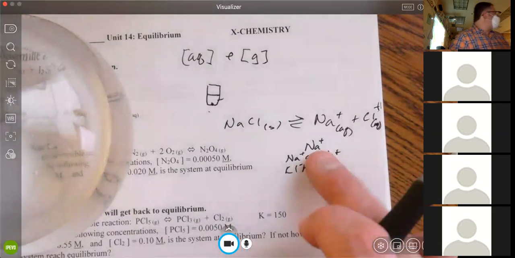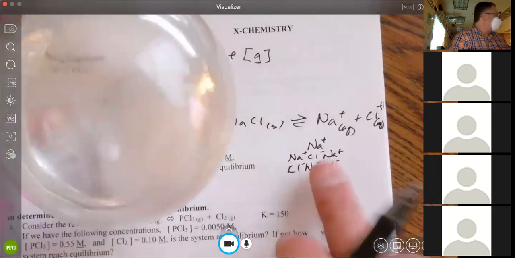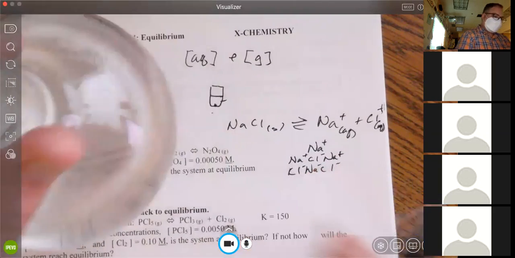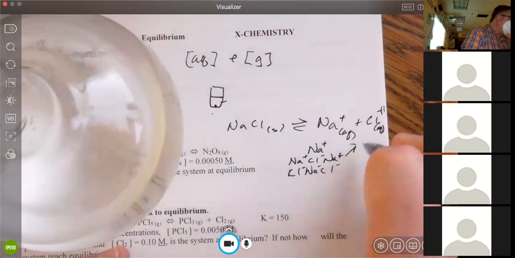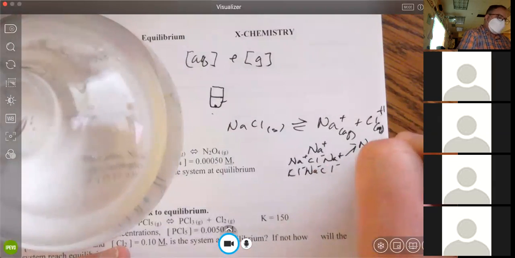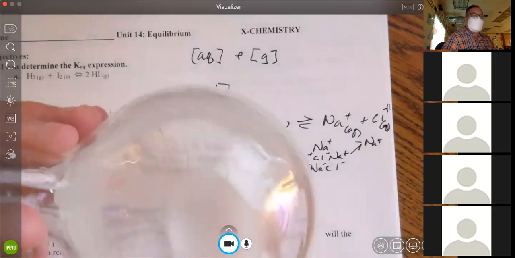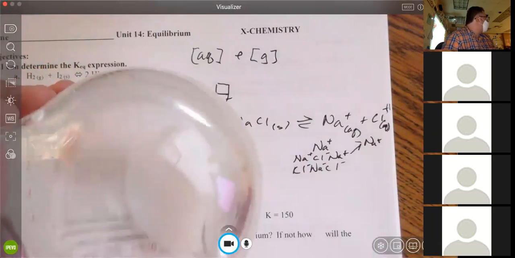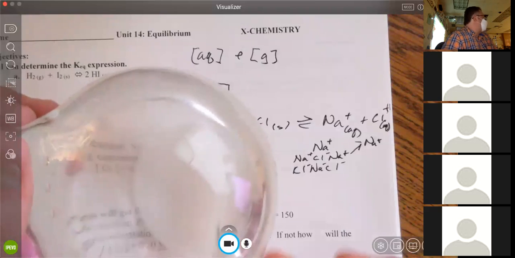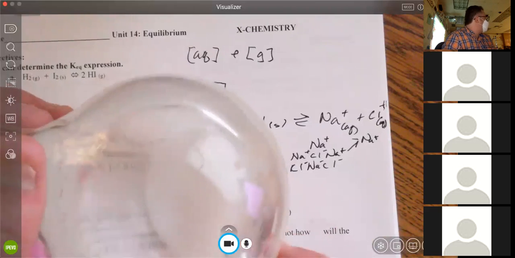Well, now is it a saturation if a sodium just joined onto the solid? No. So that means that a different sodium could leave and become aqueous. So what does that mean? Well, that means that this is constantly changing, right? If we look at it on another day, the atoms would be totally different.